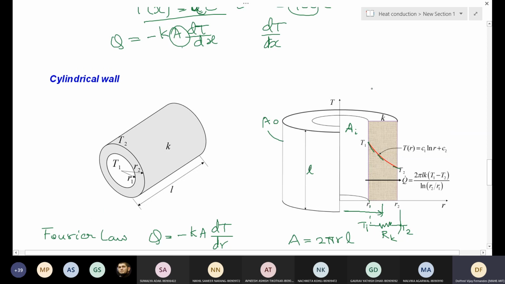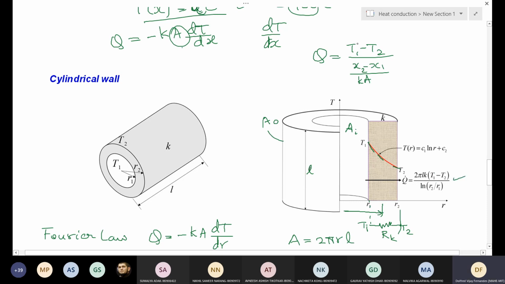For the planar wall, you know the rate of heat transfer: Q equals T1 minus T2 divided by the resistance to the heat transfer, that is X2 minus X1 divided by KA. For the cylindrical wall, the heat transfer is given by this form.